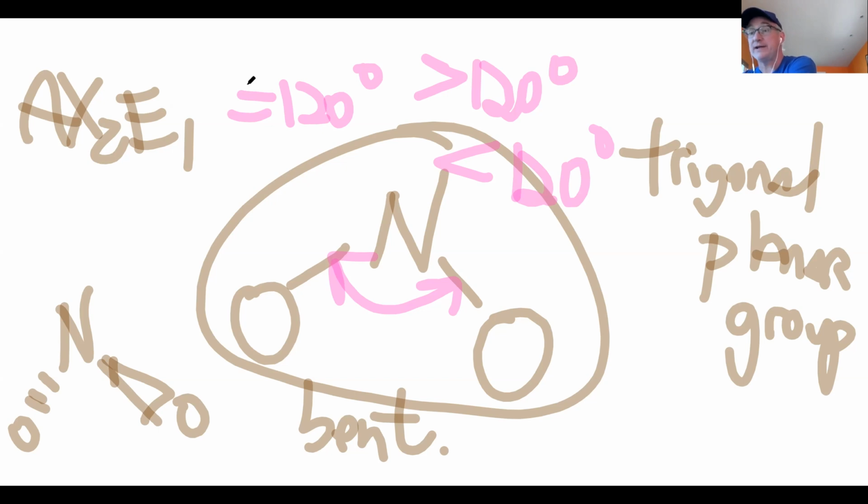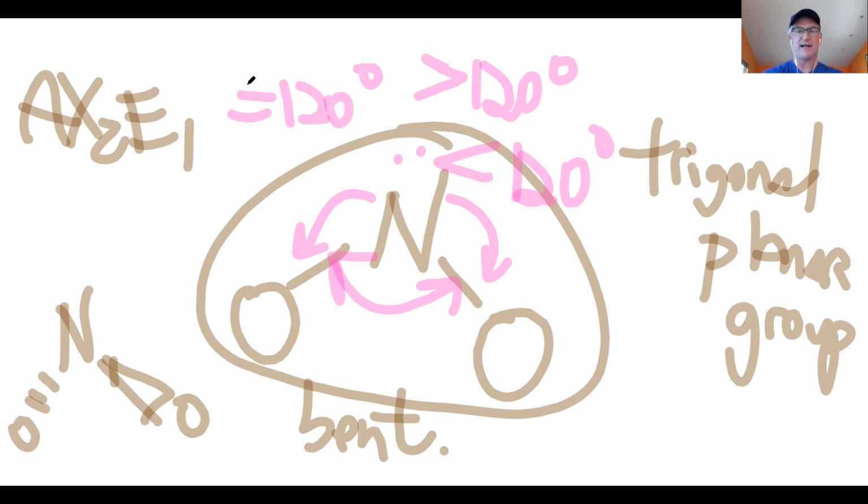Exactly. When we're drawing the VSEPR stick figure model, we don't include the lone pairs. We're just looking at the shape of the molecule. But that lone pair is there, and so that pushes those two oxygens away from the top, and that's why this angle is slightly less.